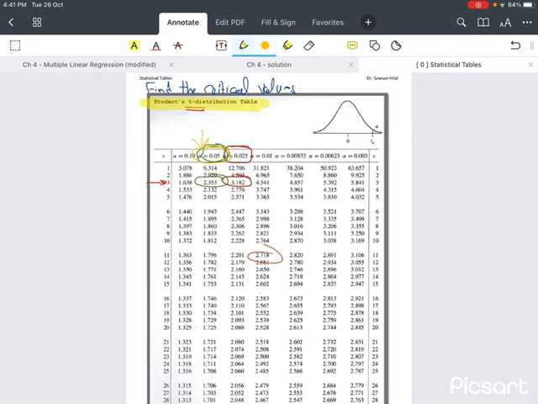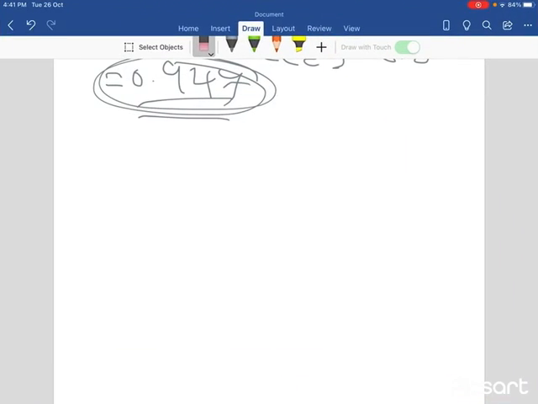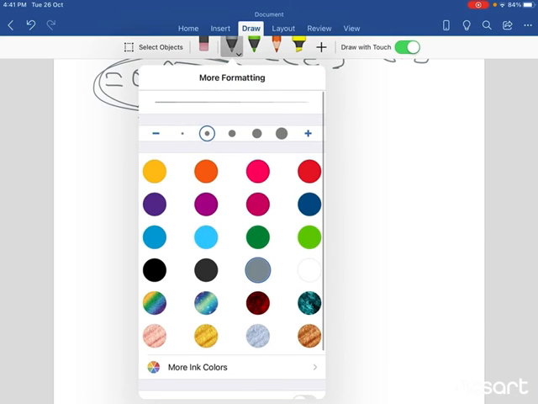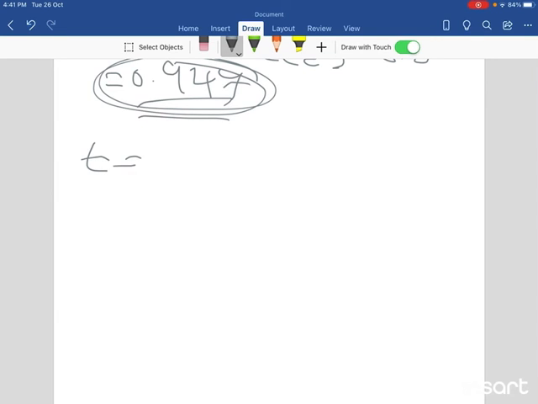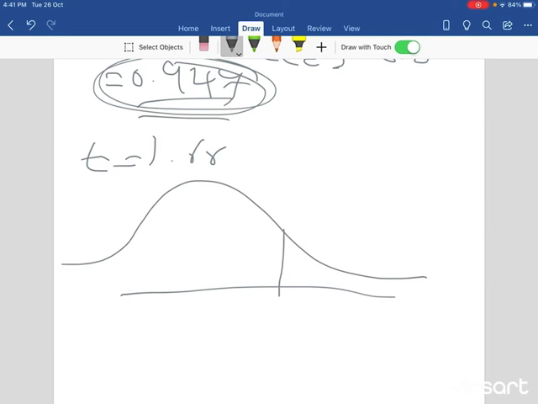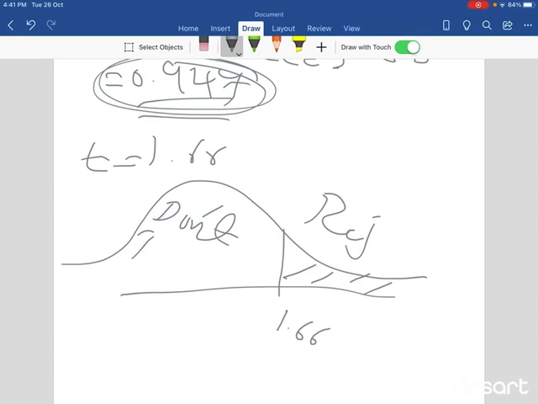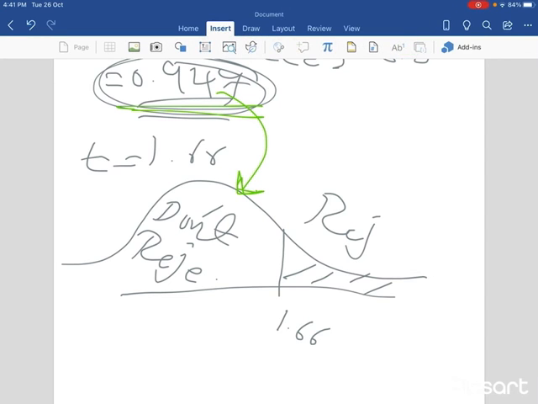The t value you can find from the table or from R. So t will be approximately 1.66. You can draw this. Here is the positive side, at 1.66. Here is the rejection region, here do not reject. Is this value greater than 1.66 or less? It is less, so it falls in the do not reject region.